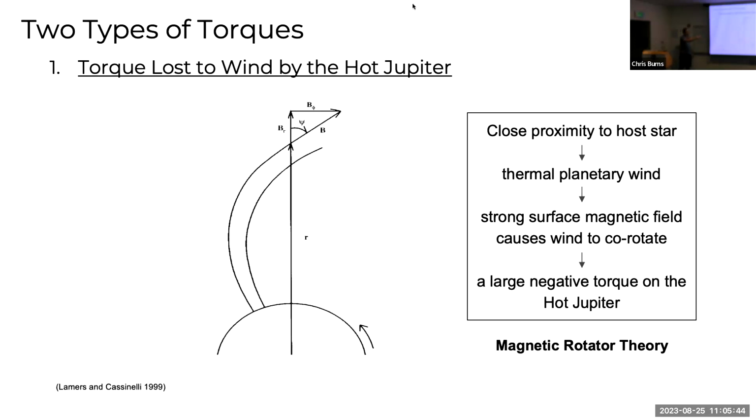The magnetic field lines have a kind of spiral shape here. Anything in this region, which we consider planetary winds, is affected by these magnetic field lines and co-rotates with the planet. But while doing that, the hot Jupiter itself loses some angular momentum. Therefore, that causes a negative torque on the hot Jupiter itself. And this is called the magnetic rotator theory.